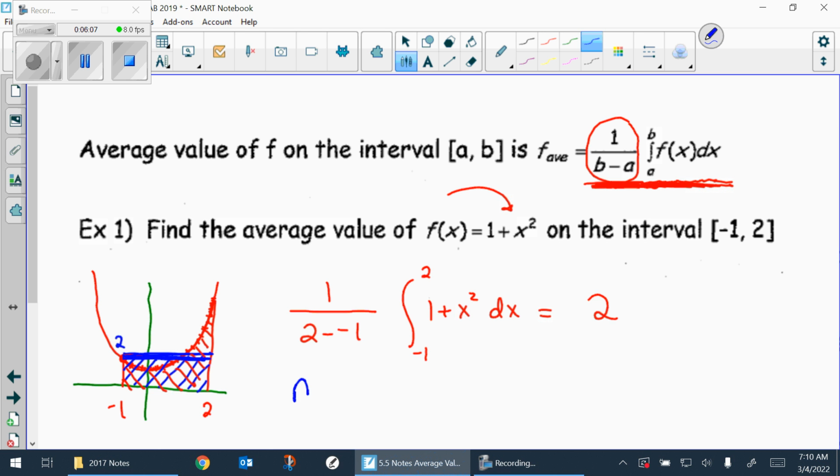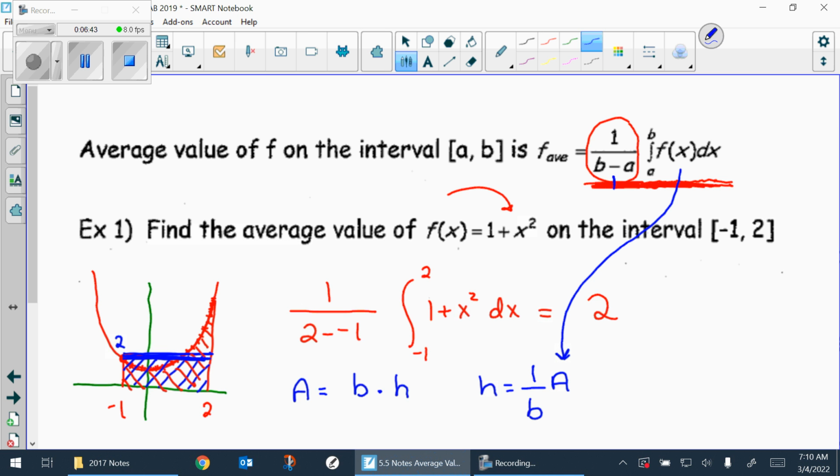I know that the area of a rectangle is the base times the height. That means the height of the rectangle is equal to the area divided by the base, or times 1 over the base. Now, we find the area using the integral.